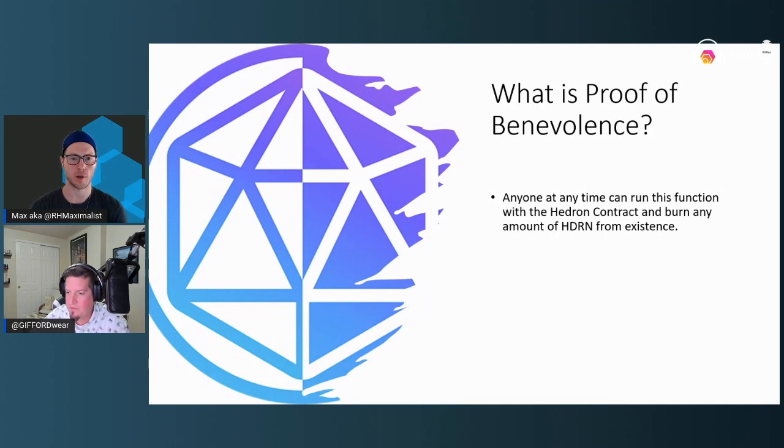I don't think a lot of people even know what that means. It's kind of like doing favors, doing charity work, a lot of stuff that a lot of churches and organizations do just to benefit the community is considered benevolence. In terms of crypto, when we're talking about Hex and Hedron, typically what benevolence means is it only acts to benefit the whole system.